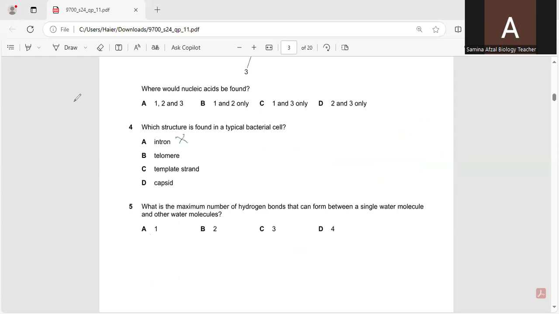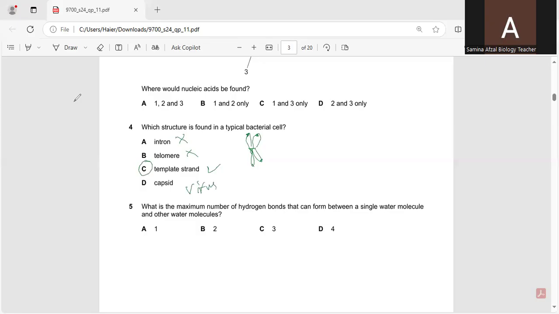Telomeres, you know, are present at the ends of chromosomes, which save the genetic information. The template strand can be the correct option, and capsid is present in viruses for protection. So C is the correct option in this case.